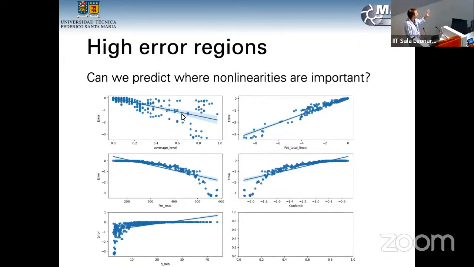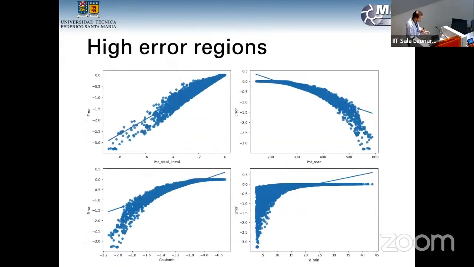So we said, okay, let's focus on easier things to compute, and that's why these results show the correlation between, for example, the Coulomb potential at each point with the error, the total linear potentials with the error and whatnot. So the total linear potential does seem to have quite a correlation.